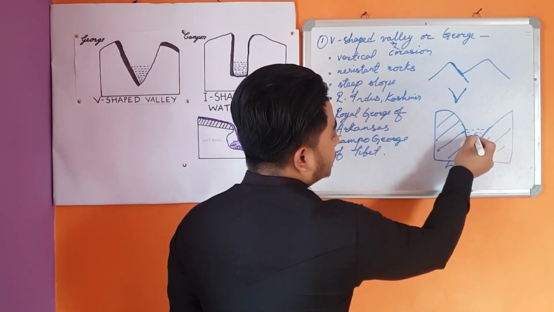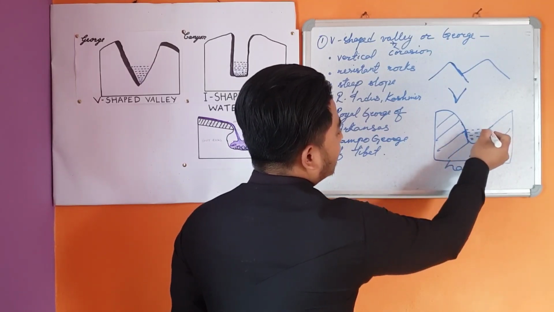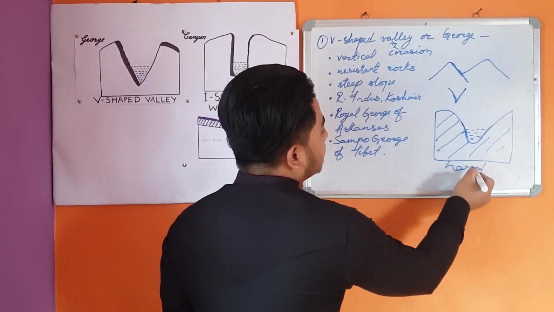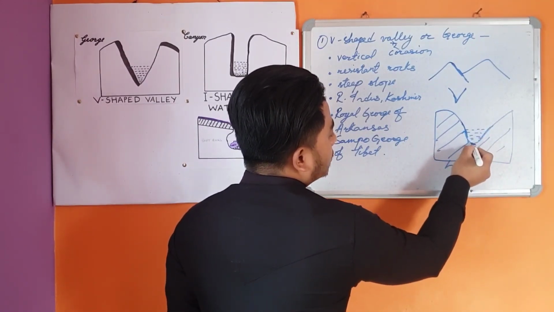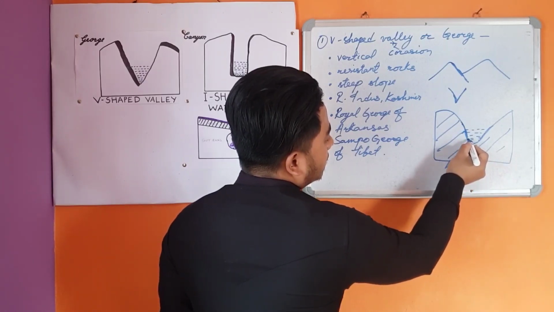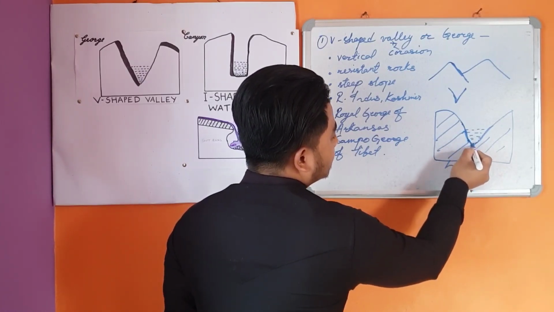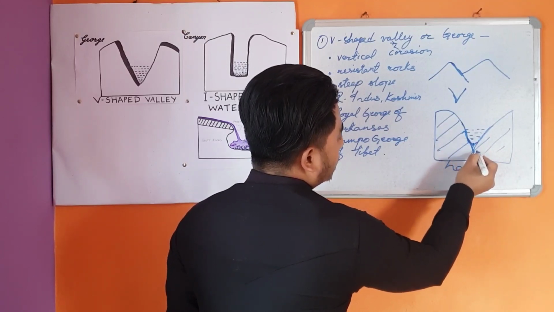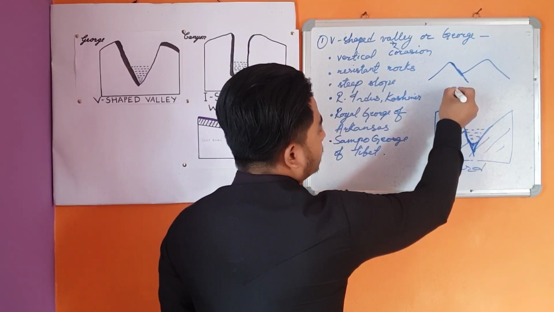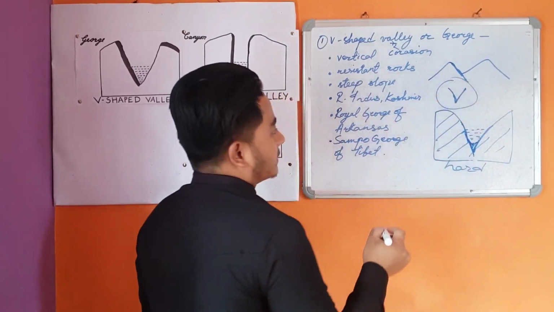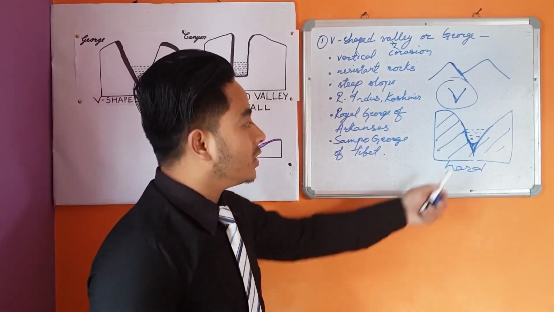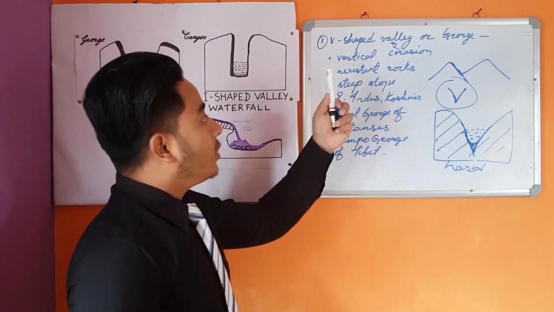That means due to the presence of the hard resistant rock, river cannot undergo side cutting, as a result of which river undergoes downward cutting. That means this middle portion of the river undergoes downward cutting and it starts eroding downward and it forms a landform which somewhat looks like an alphabet V. That's why this type of landform is called V-shaped valley or gorge.